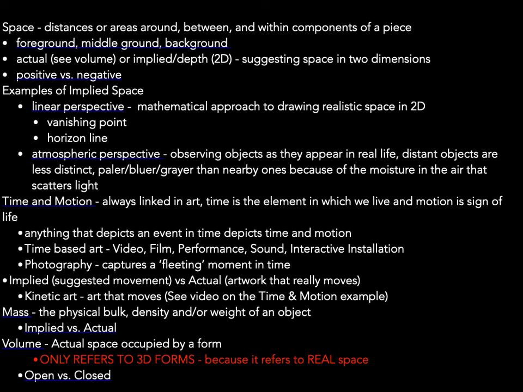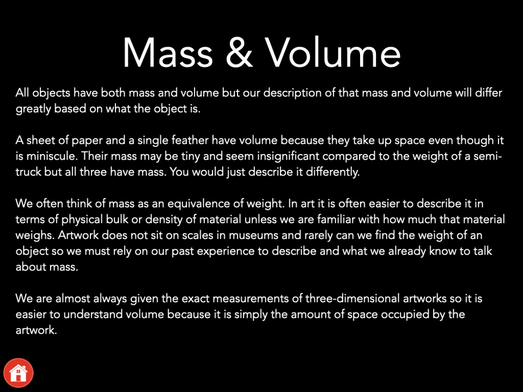Volume can be open or closed. An open volume has larger negative space that the viewer has access to. Closed space is an artwork without negative space. Mass and volume. All three-dimensional objects have mass and volume, but a description of that mass and volume will differ greatly based on what the object is.